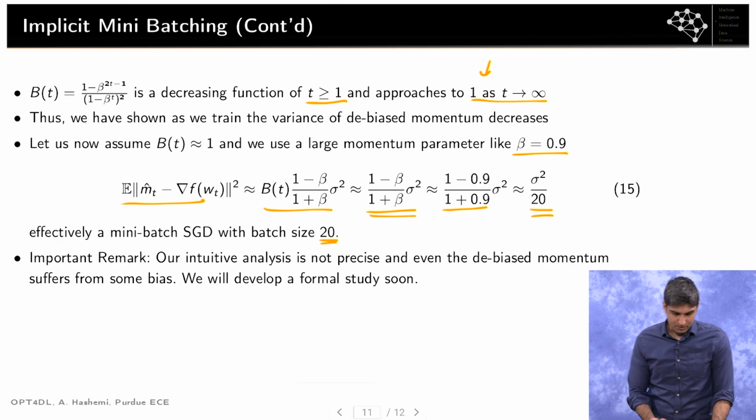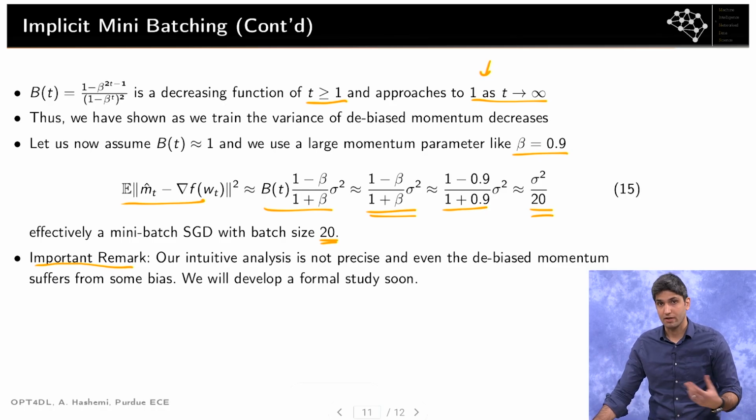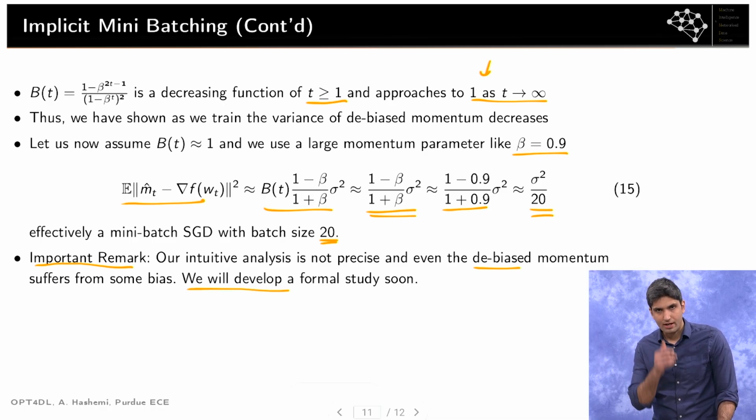But let me also mention this important remark, that this intuitive analysis is not precise by any means, because we are making lots of simplifying assumptions, none of which is true, and even this debiasing might suffer from some bias. So that warrants a more formal study that we're going to develop in our future lectures.